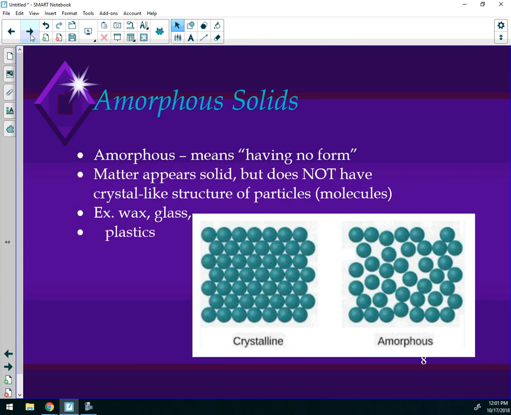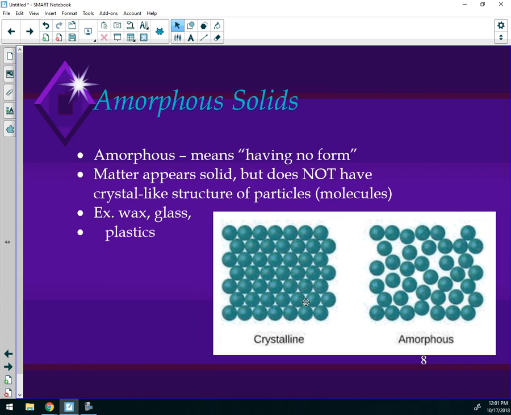All right, the next one is amorphous solids. The word amorphous means having no form. So these solids appear to be solids, but they don't set up in crystals, right? So they don't have that lattice-like structure.